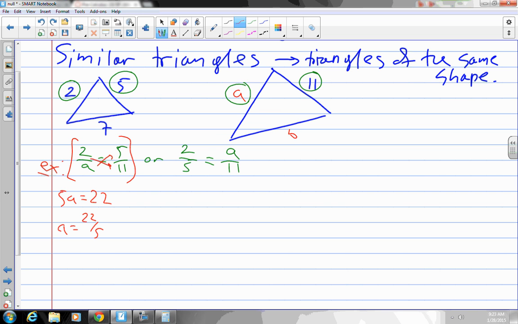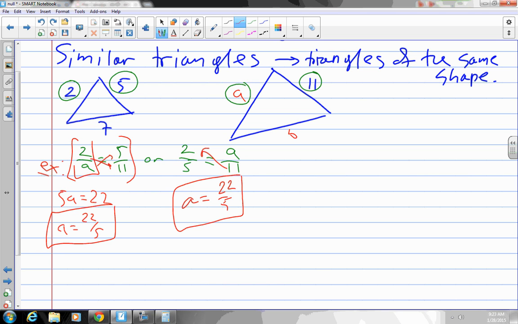I'll do it the same way here. If I multiply by 11, I'll just get A by itself right away. So A would equal 11 times 2, 22 over 5, right? So we still get the same answer, regardless how we set our triangles, right? In the first case, I took the ratio of sides from both triangles.